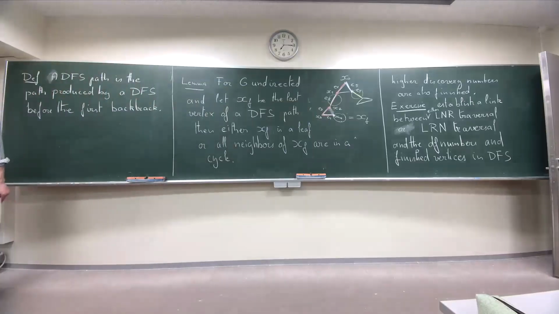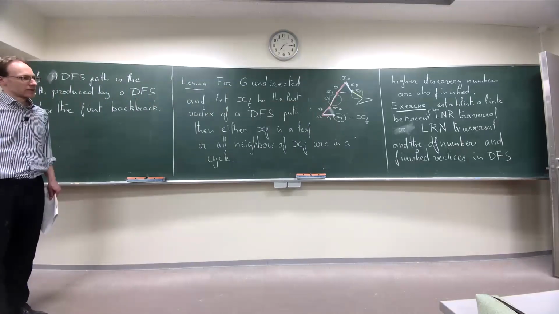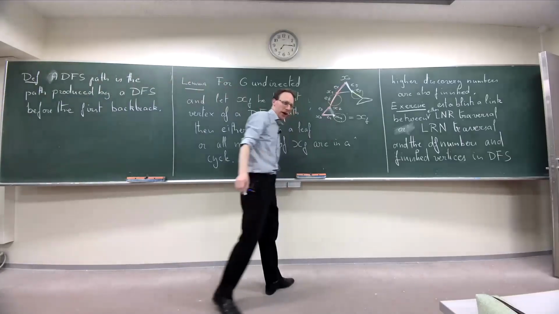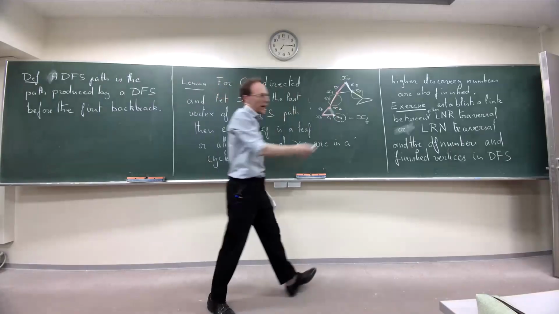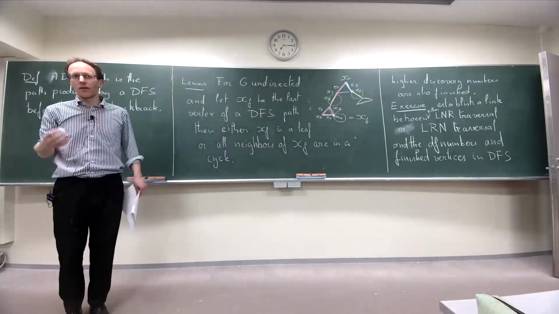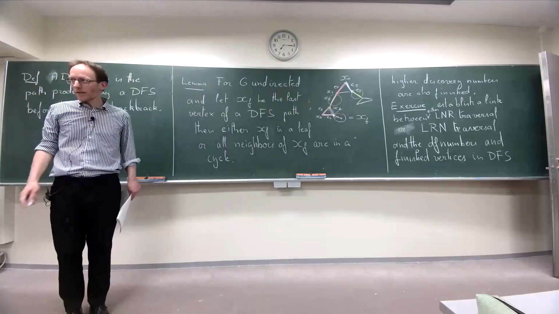How do you prove it? You do it by contradiction. I let you think about it, but first, they all have to be in the pass, because if they are not in the pass, it means you can continue. You don't have to backtrack.